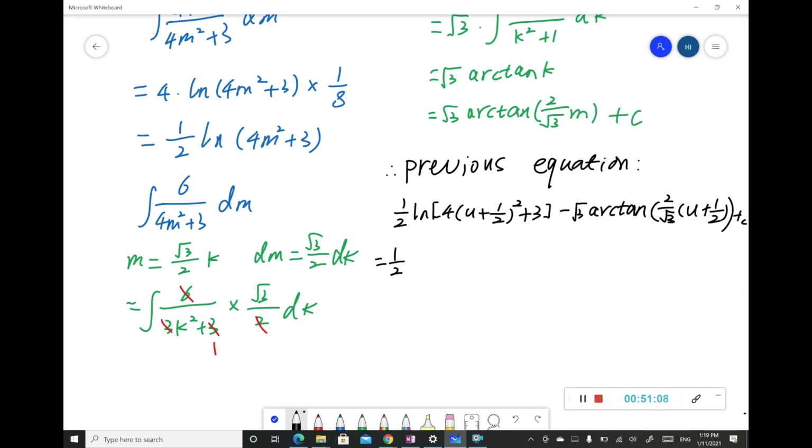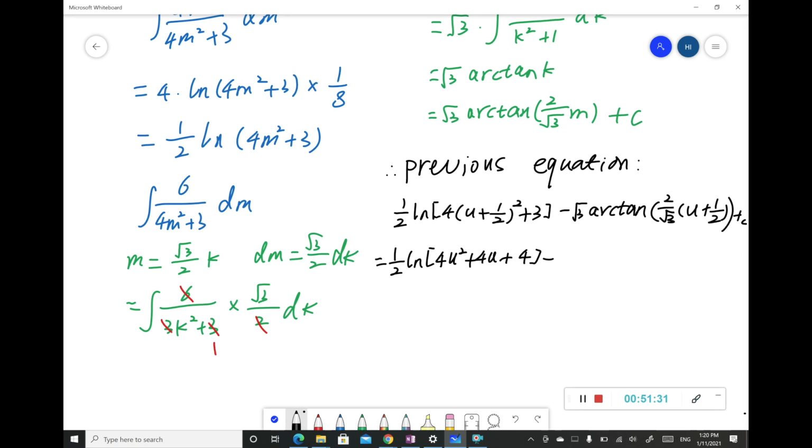And we can simplify it. It will become 1 divided by 2 log of 4u squared plus 4u plus 1 plus 3, which is still 4.